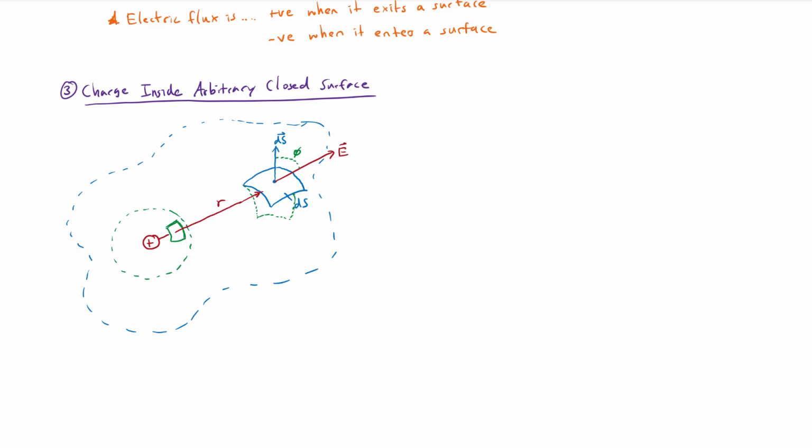So we're going to assume that this phi is equal to this phi. And that means this is dS cos phi. Just as if it was a right angle triangle like this.